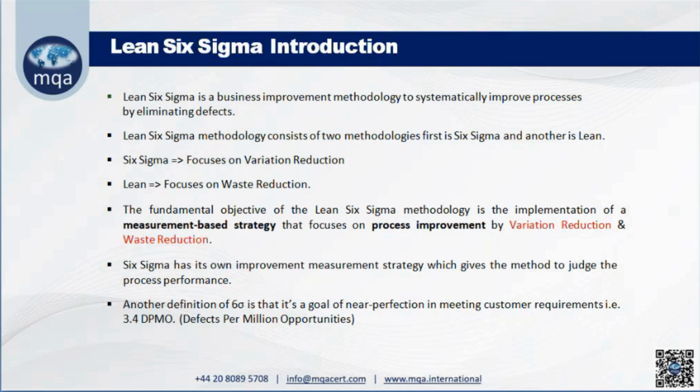So it consists of two methods. When we say Lean Six Sigma, one is Lean, second is Six Sigma. Six Sigma, which we have spoken about, is DMAIC, which is for process improvement, to ensure that people follow processes consistently with minimum variation.